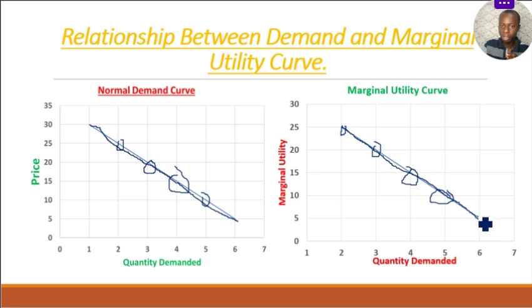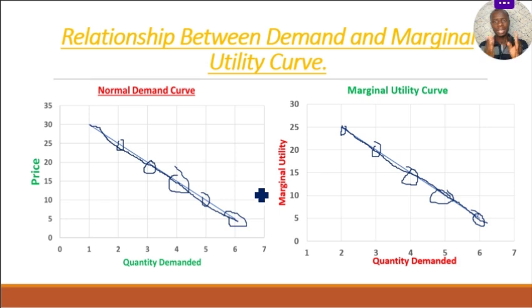And at 5 utils, the consumer is willing to pay $5. What you observe is that the consumer is willing to pay according to the extra satisfaction he is deriving. So if the extra satisfaction he is deriving is falling, likewise, he will also pay less.